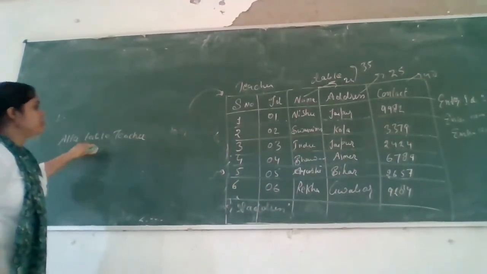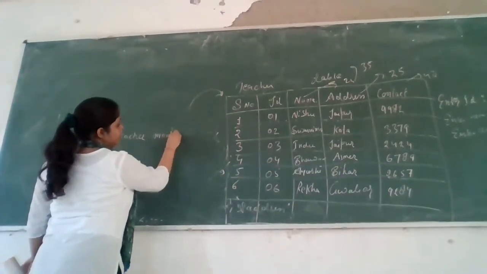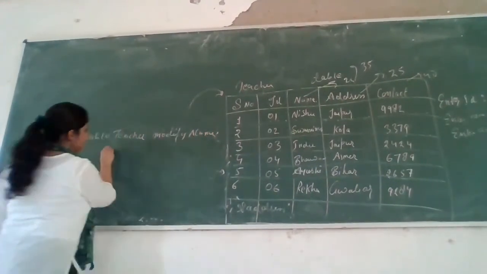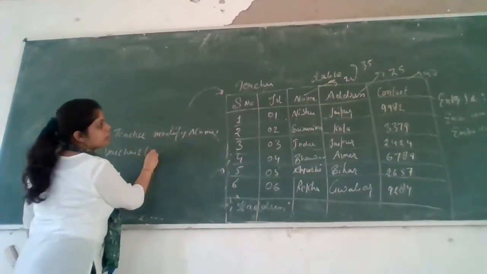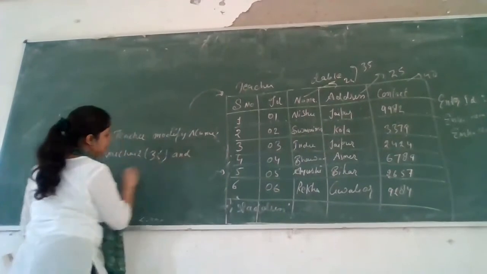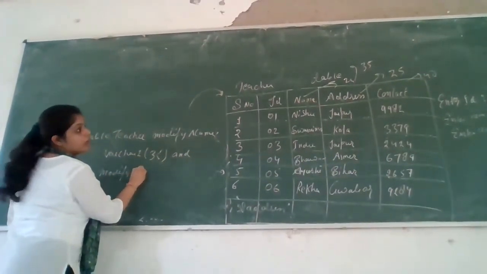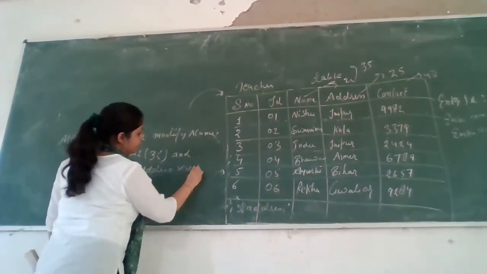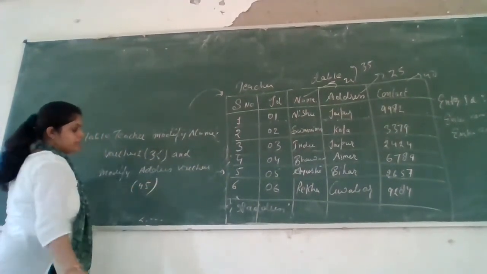So alter table teacher modify name varchar 35 and modify address varchar 45.